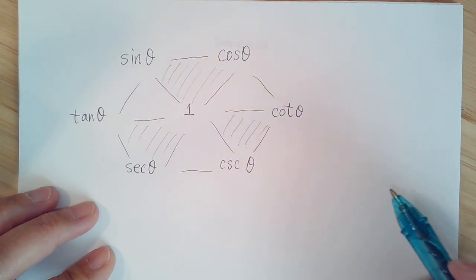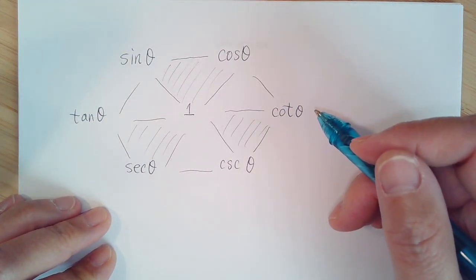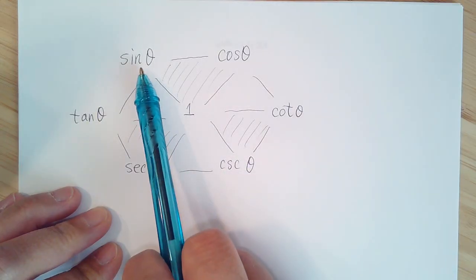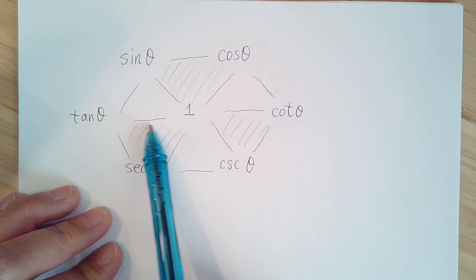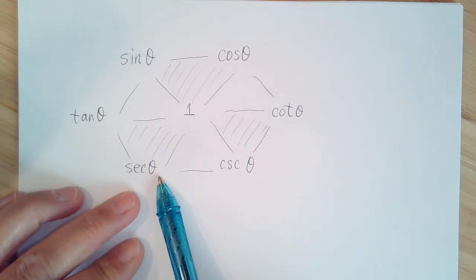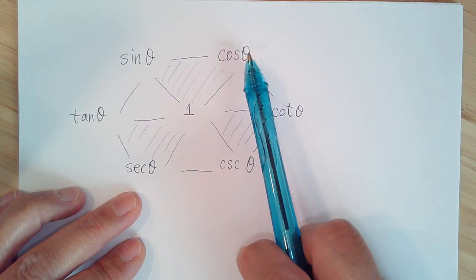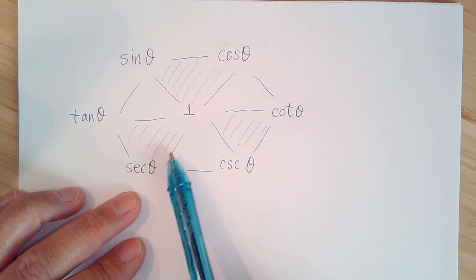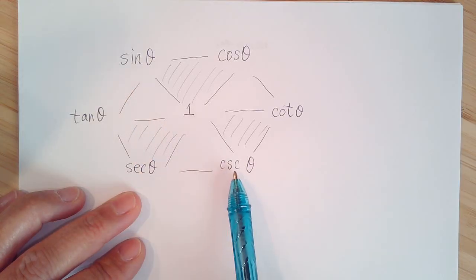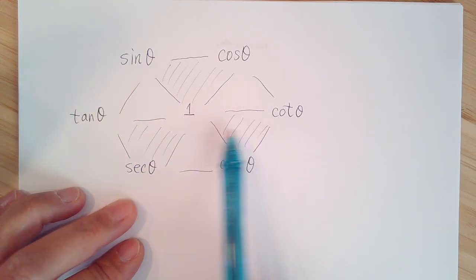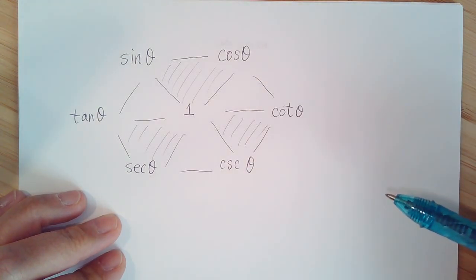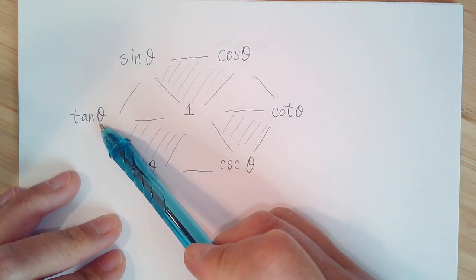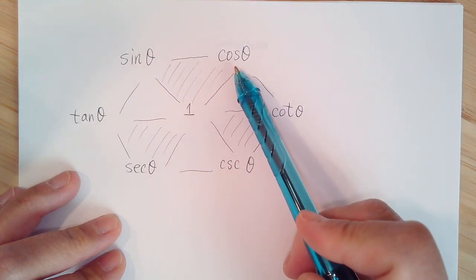Okay. First of all, the reciprocal identities: sine is the reciprocal of cosecant. Tangent is the reciprocal of cotangent. Secant is the reciprocal of cosine. Cosine is the reciprocal of secant. Cosecant is the reciprocal of sine. Cotangent is the reciprocal of tangent. Okay, and remember that tangent is sine over cosine.